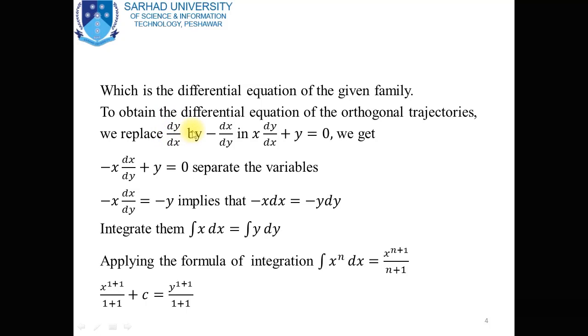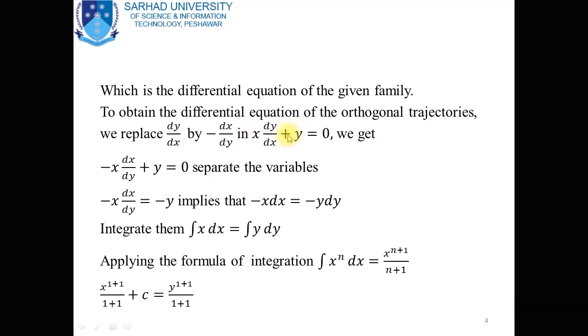So when two geometrical figures are perpendicular, then their slopes are negative reciprocals. And in this problem we find an orthogonal trajectory for a given family of curves. So replace dy by dx with minus dx by dy.